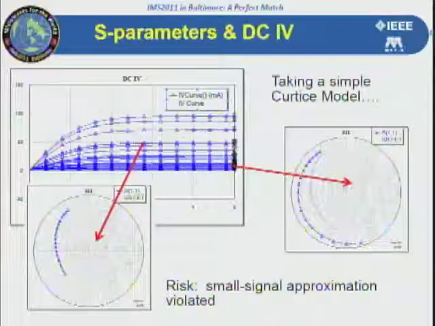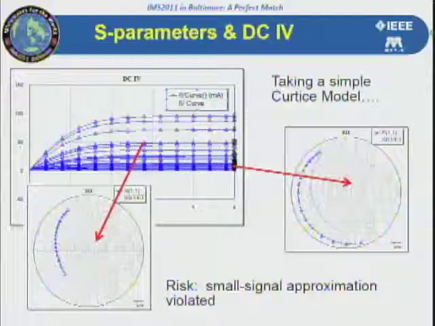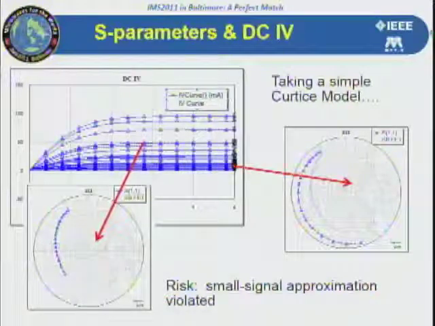If we go to another point on the Smith chart down here, maybe where we're going to bias something class AB or class B or greater, then we would get a different set of S parameters as compared to our nice class A bias point.